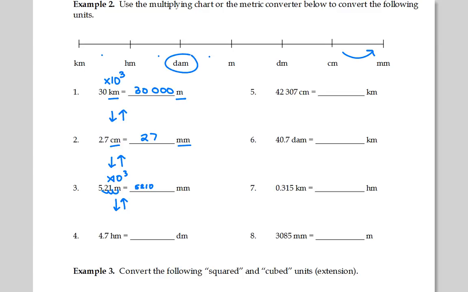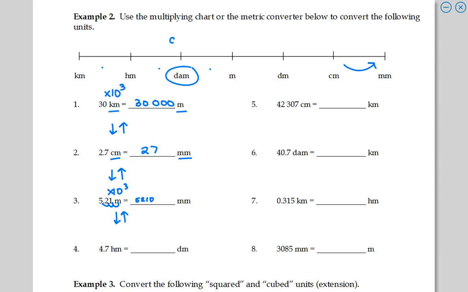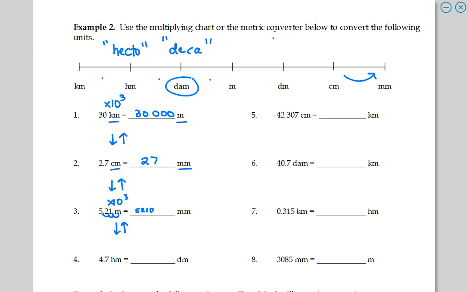That one's decameter. Okay, so I'll just write that one. This one's deca. I think this one's hecto, or hecta, I can't remember. Doesn't really matter. Hecto, deca, and then this one is the deci. So decimeter, nobody really uses that.